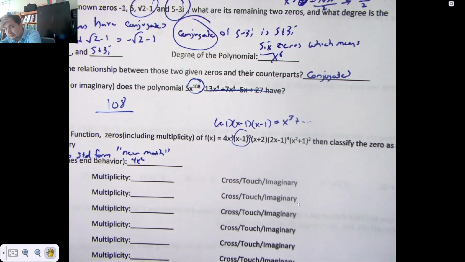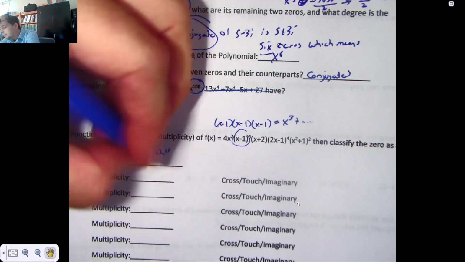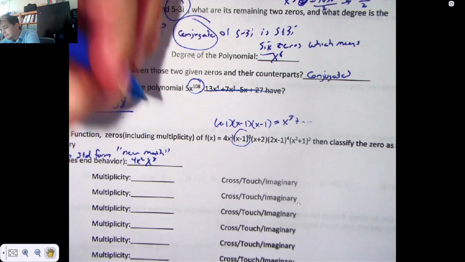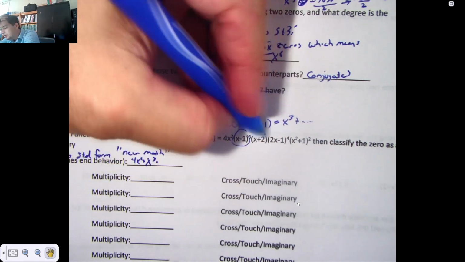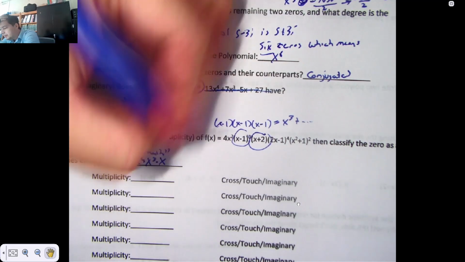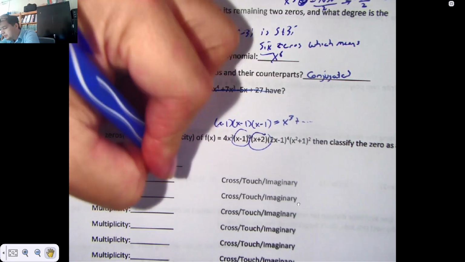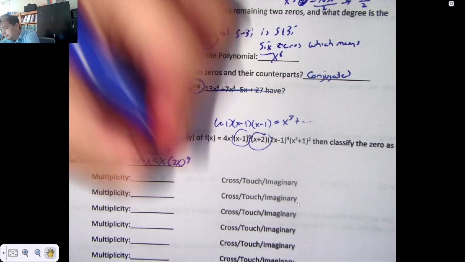I'd have to FOIL and double distribute, but I would get an x cubed. So 4x squared times x cubed. This one is just going to generate an x. This one is going to generate a 2x to the fourth.